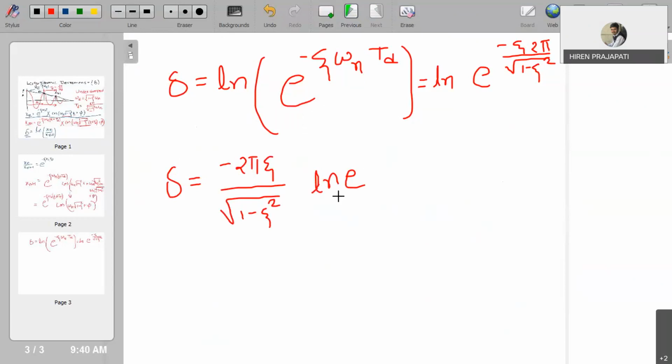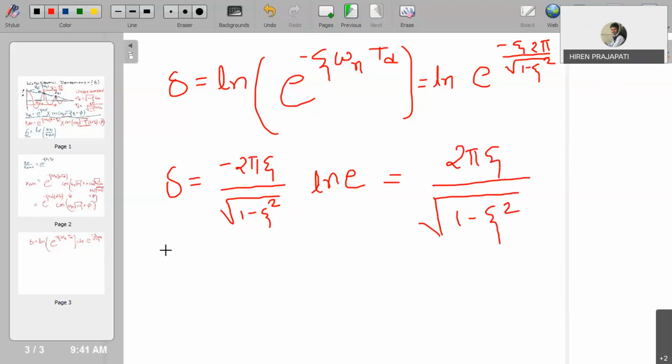Now log e is what? Log e is equal to 1. Then we can say delta is equal to 2 pi zeta upon square root 1 minus zeta square. So this is the relation we got for the logarithmic decrement, right?